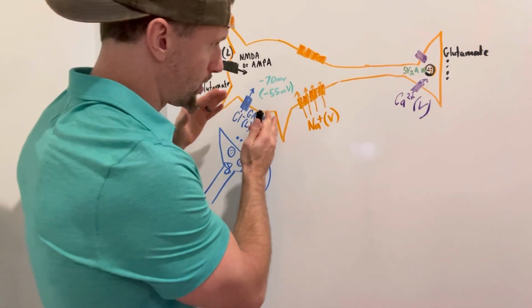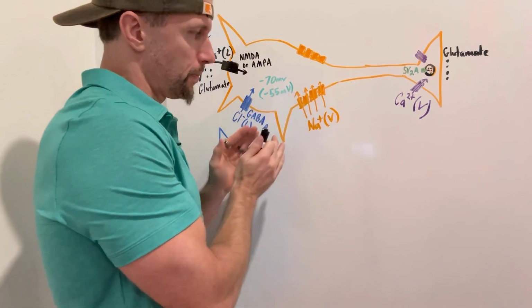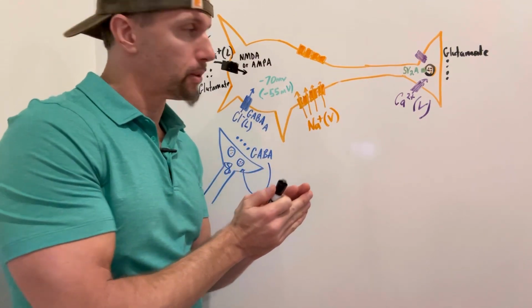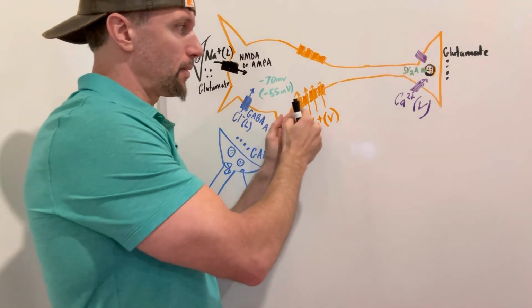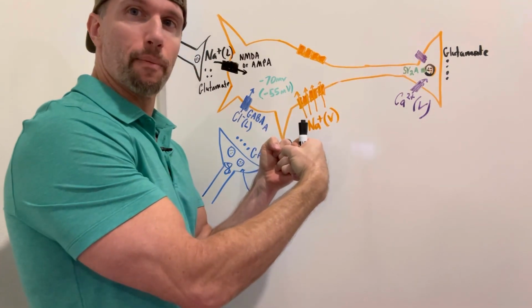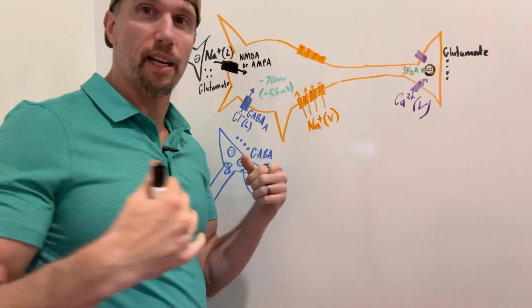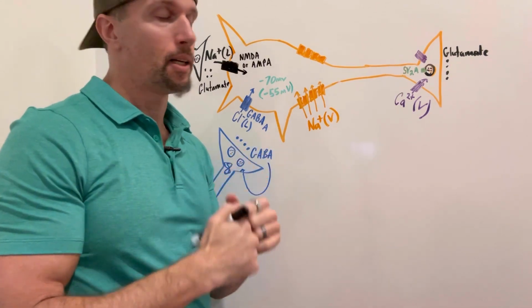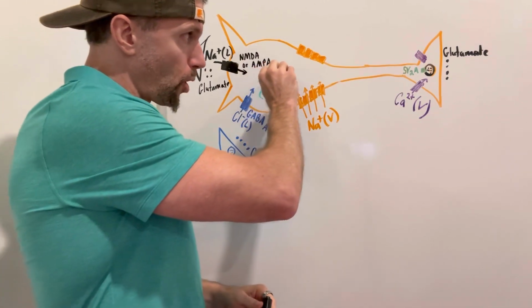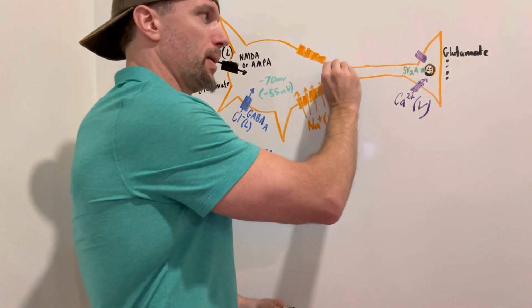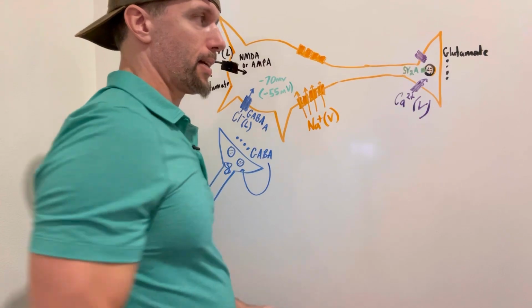Then this depolarization wave opens up voltage-gated sodium channels. Because the voltage is more positive, these channels open up at negative 55 millivolts, and they all open up at once, and sodium floods in like crazy, and it'll shoot all the way up to positive 30. It'll propagate that action potential down the axon until it gets to the axon terminal.